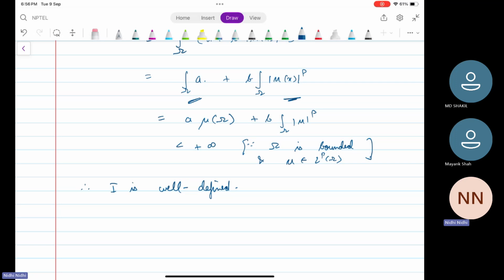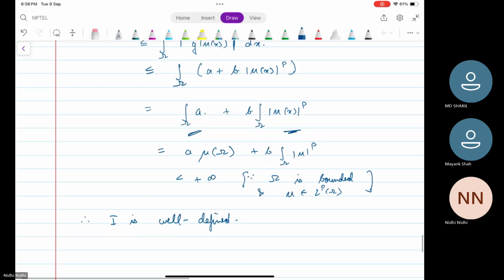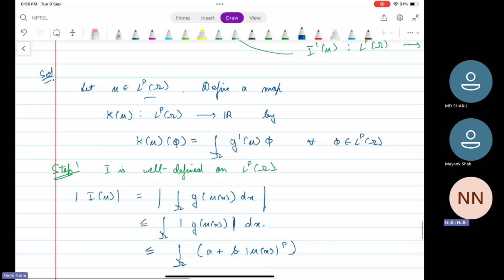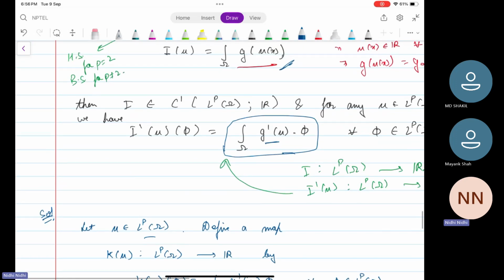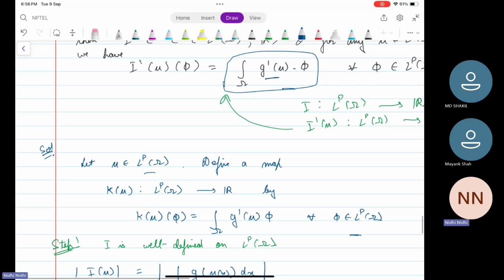Next, we will see that this function K is a bounded linear functional. This is a bounded linear functional because eventually this will be our derivative, no?